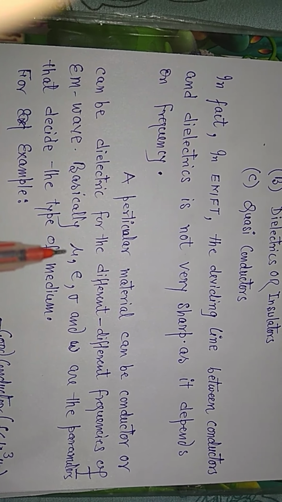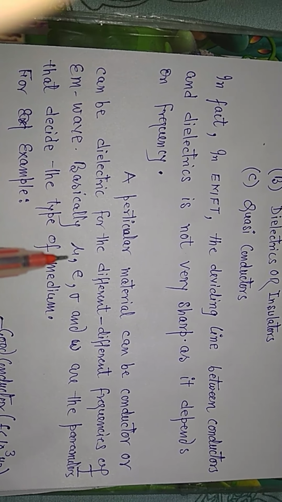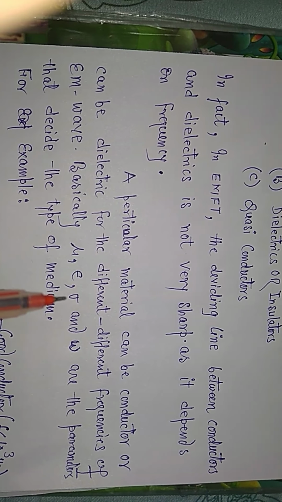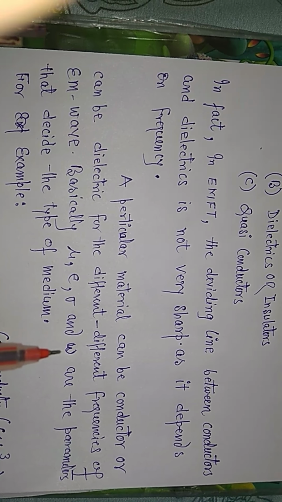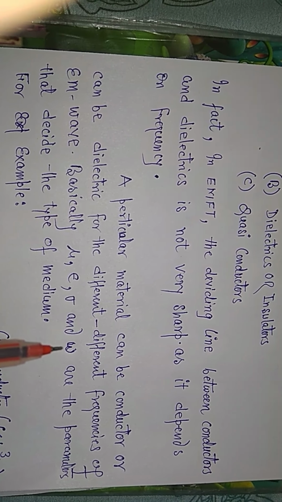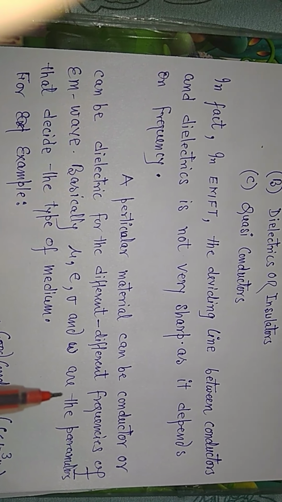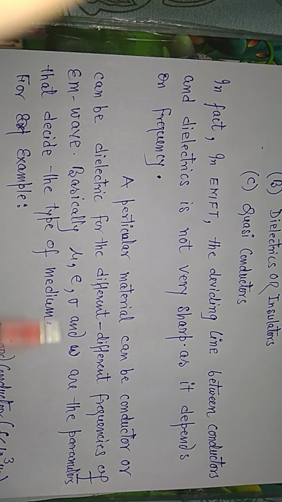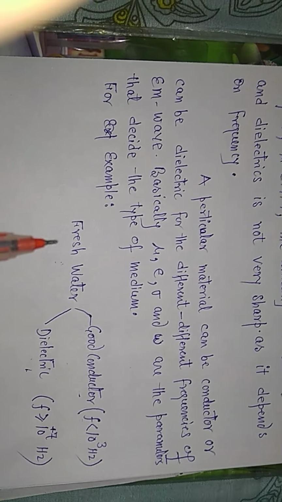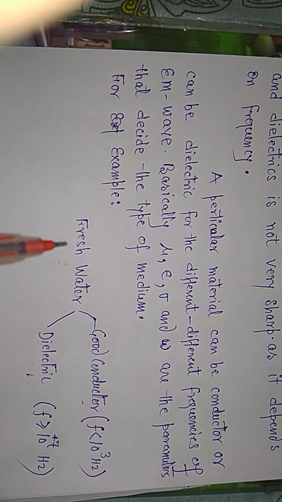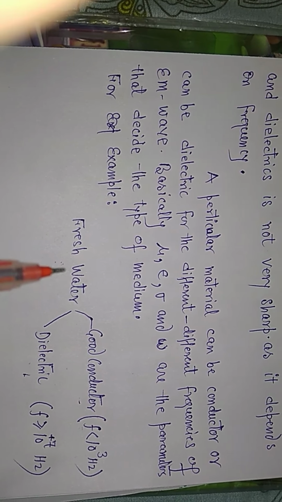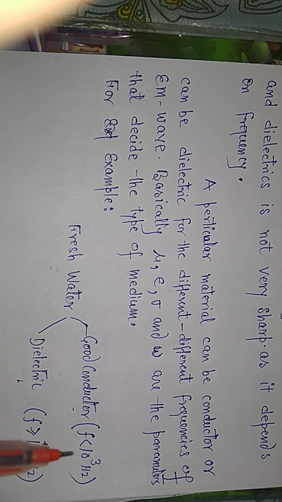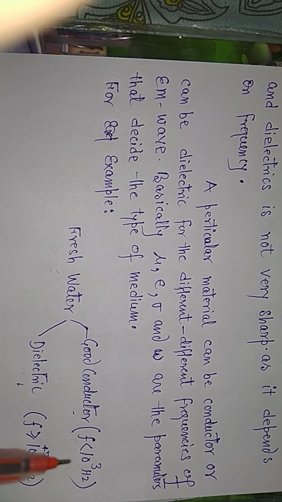Basically, mu, that means permeability, epsilon, permittivity, sigma, conductivity, and omega, angular frequency, are the deciding parameters for the type of medium. Let's see a very interesting example of fresh water. Fresh water is a good conductor at frequencies less than 10 to the power 3 hertz.